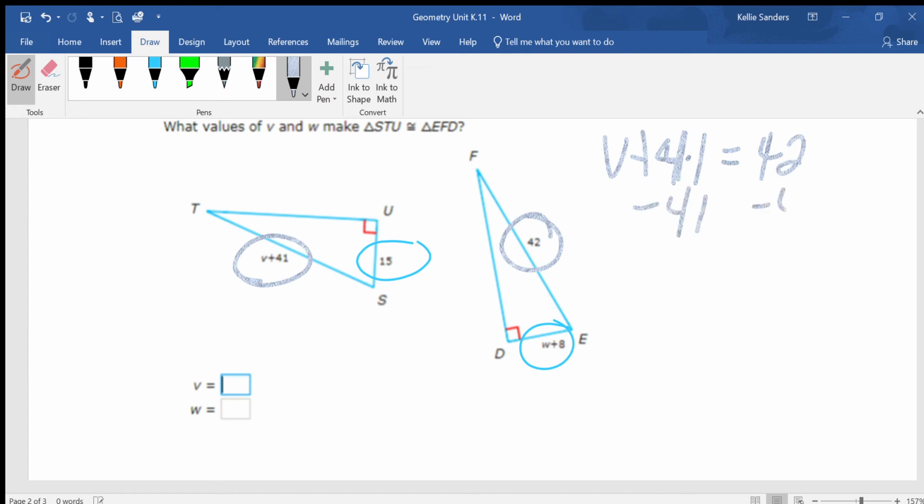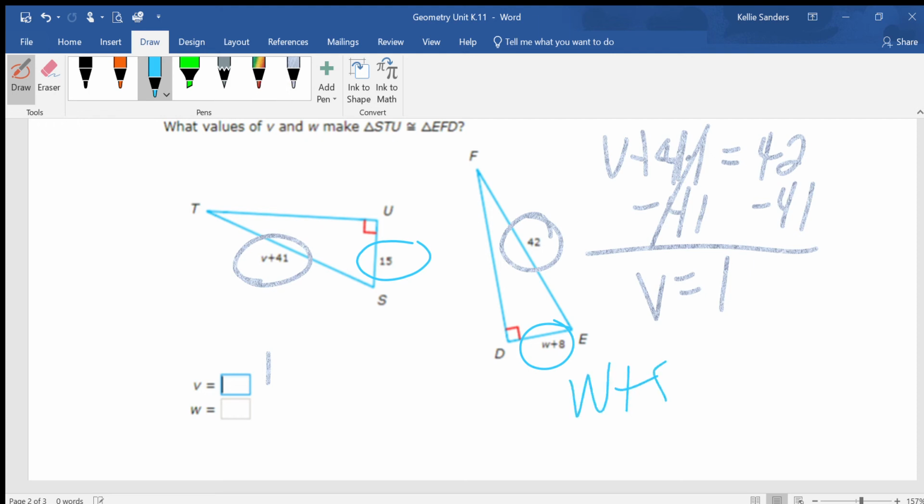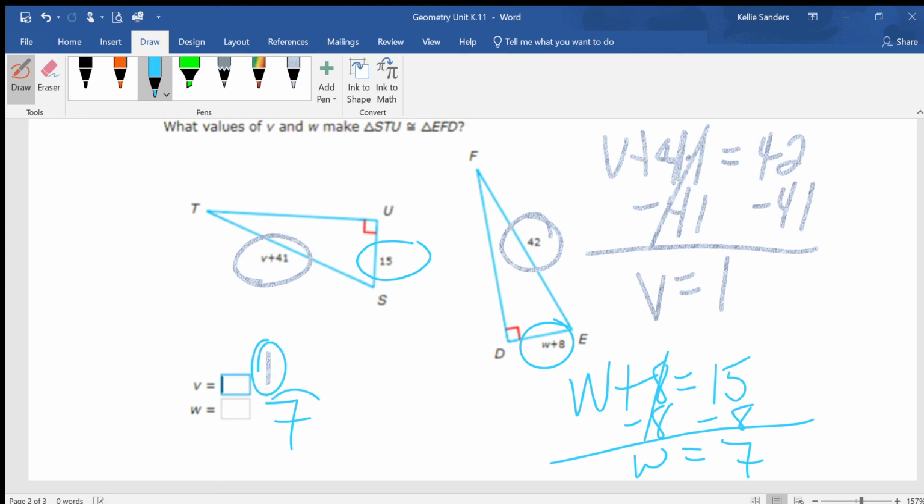I'm going to subtract 41. And the 41's cancel out, and 42 minus 41 is 1, so V is 1. Then W plus 8 equals 15. Subtract 8, the 8's cancel out. The W's by itself. 15 minus 8 is 7. 1 and 7.